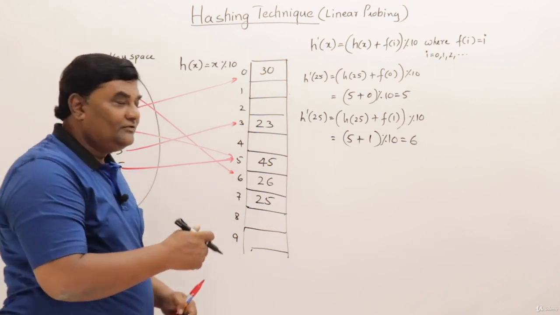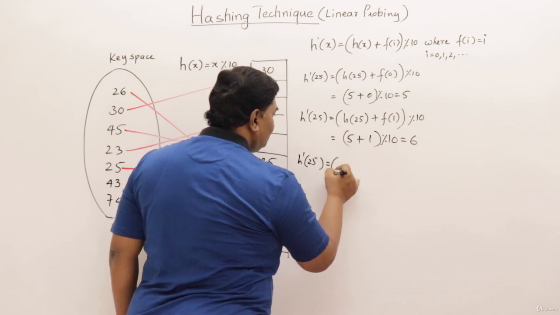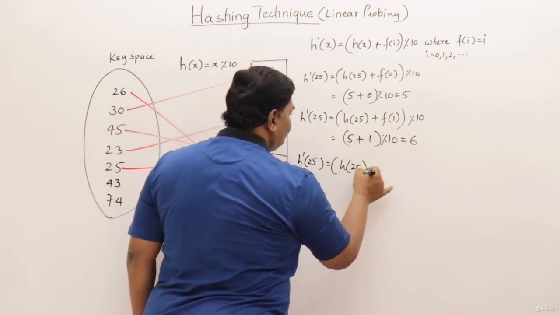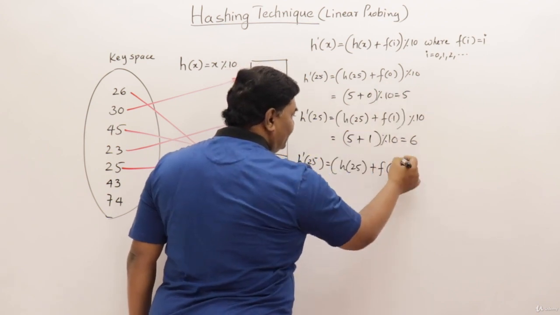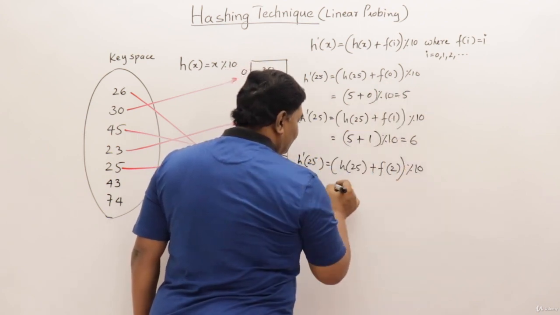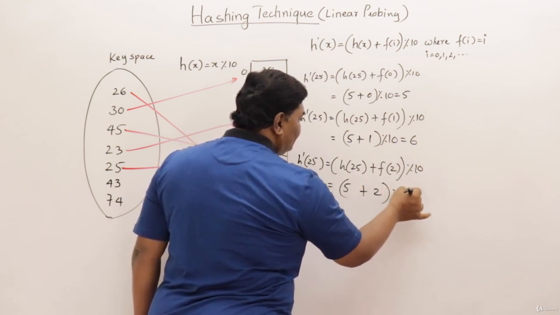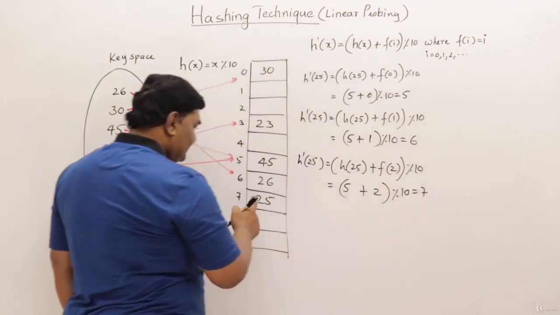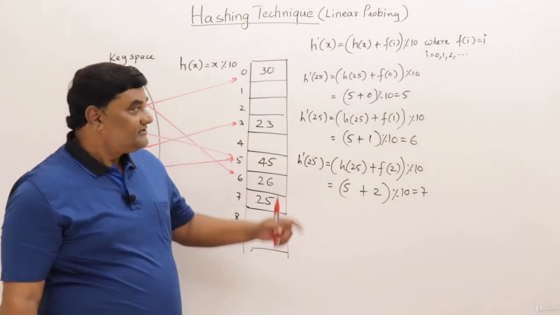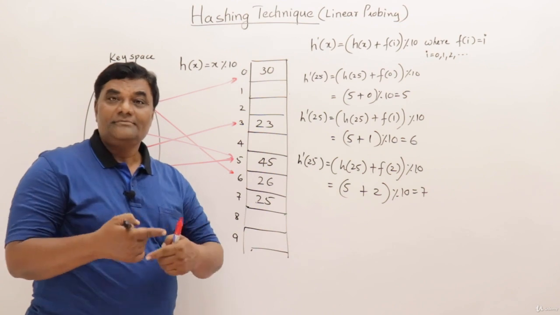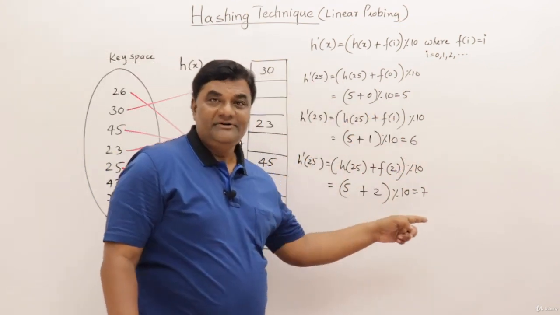Then try the next value of i. h dash of 25 is h of 25 plus f of 2 this time, mod 10. This is 5 plus 2 mod 10, which is 7. Check at 7. There is no collision, so we store it. This is how the function is computed more than one time: first time collision, second time collision, third time we got a space.